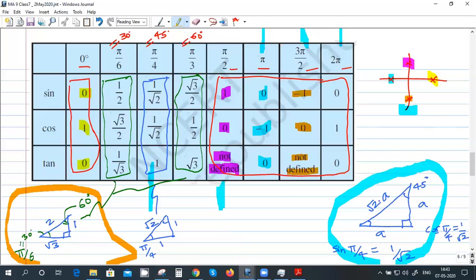What is the value of √3? 2 point something? What is the value of square root of 4? Square root of 4 is 2. And square root of 3 should be less than square root of 4, right?